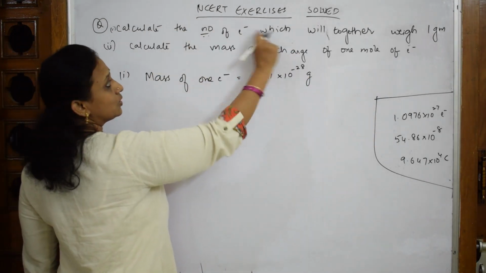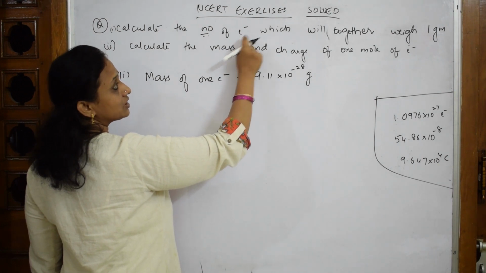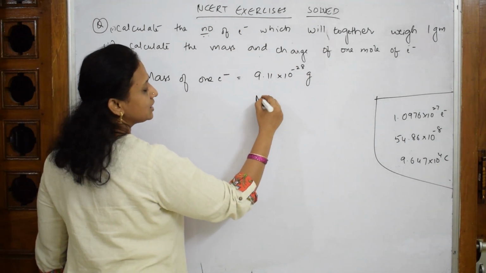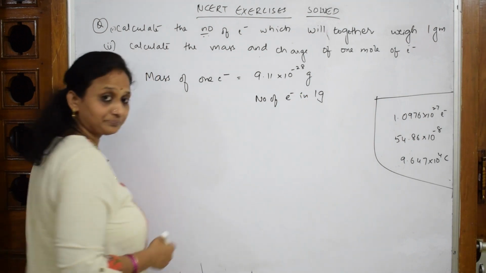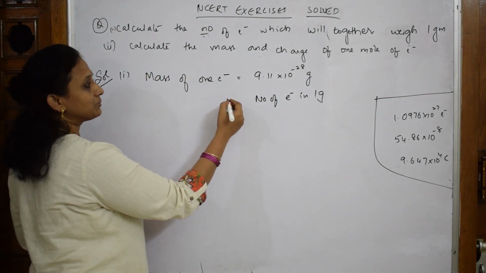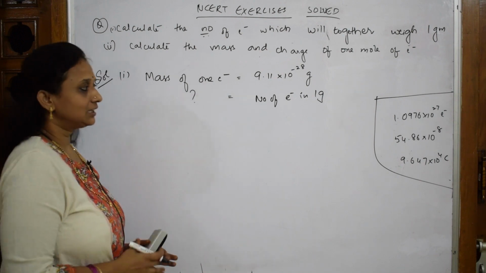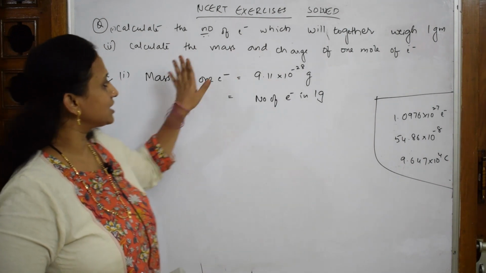They have to calculate number of electrons in 1 gram, isn't it? So number of electrons present in 1 gram I need to calculate.